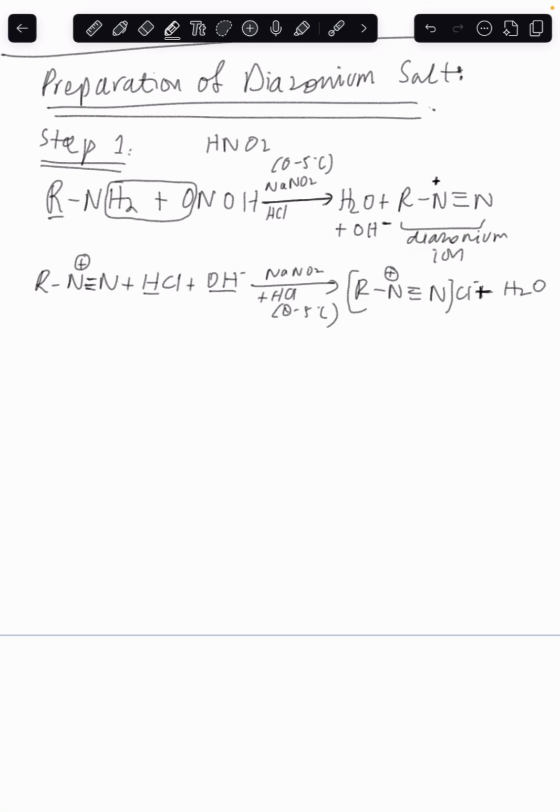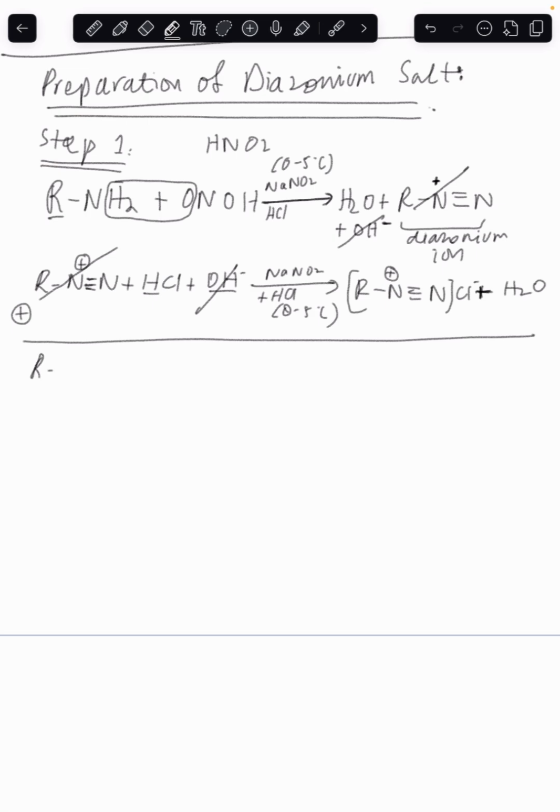So that's that. And now if we add these both reactions, we see that the H2O adds up, but the OH minus cancels out. This also cancels out, the diazonium ion also cancels out, and there's nothing more to cancel out.